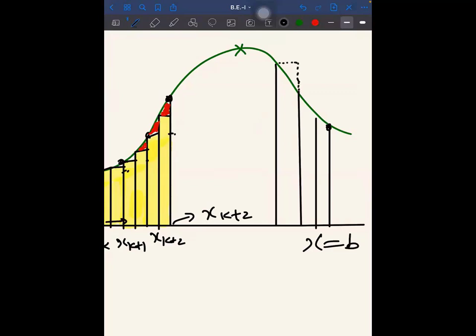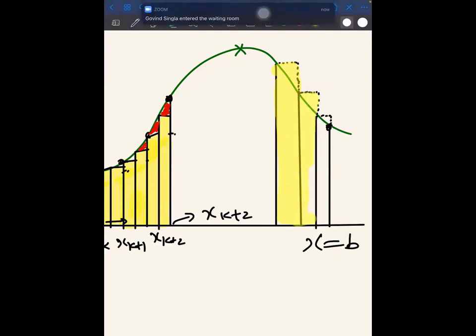This is the rectangle and this is the rectangle. That means you will always construct the upper rectangle, you will always take the more height. So when you get those areas, you will get extra area, which is not part of the area under the curve.